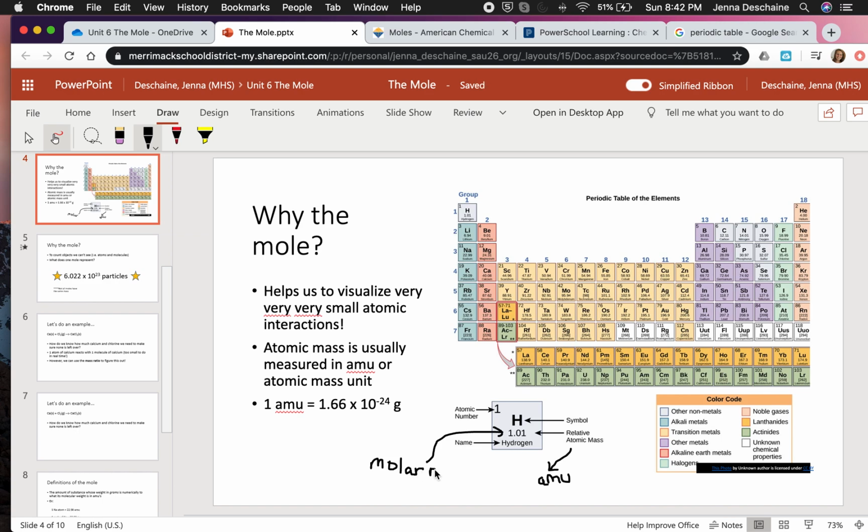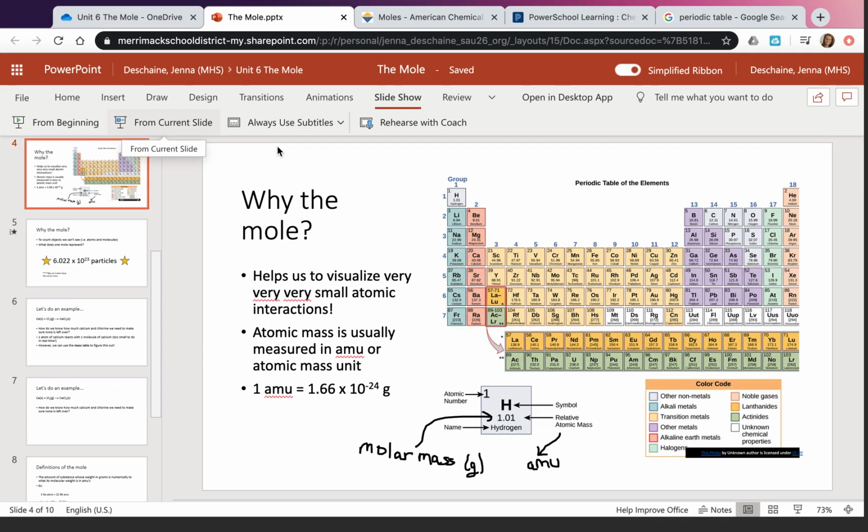Sorry, this is a little bit slow. This is why I need an Apple Pencil. And that is measured in grams. Okay? Sorry for my elementary handwriting. Correct slide. Okay?